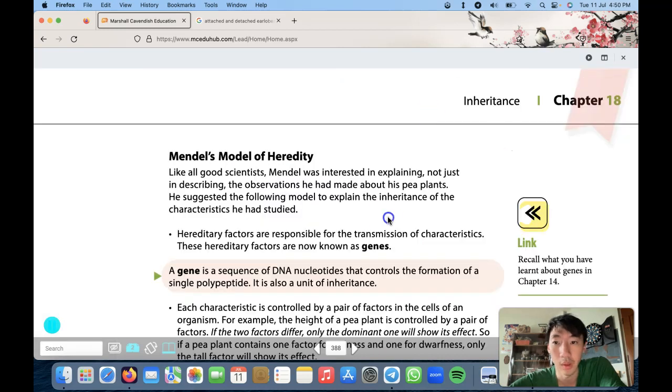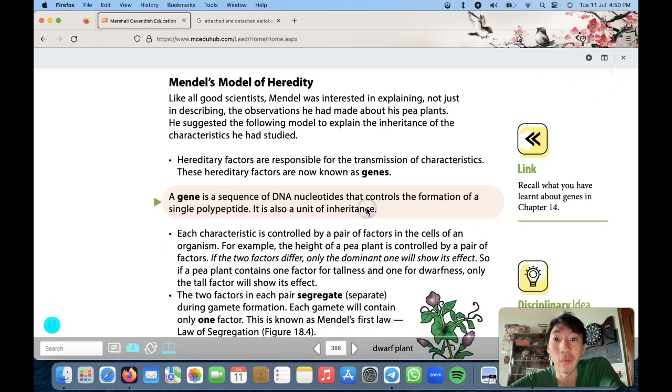So this was Mendel's model of heredity. He understood that there was this thing called genes. So what is a gene? A gene is a sequence of DNA nucleotides that controls the formation of a single polypeptide. You may recall that in the previous chapter on molecular genetics, we learned about chromosomes.